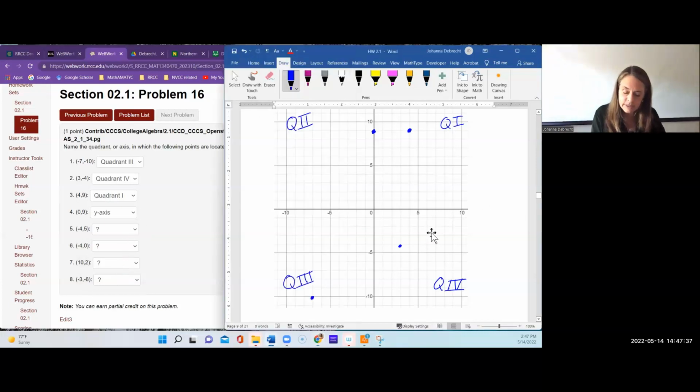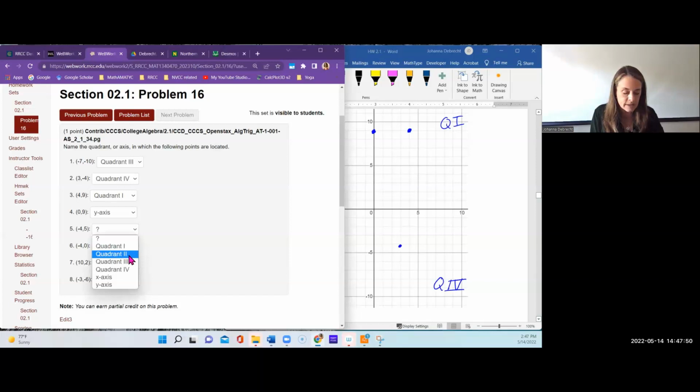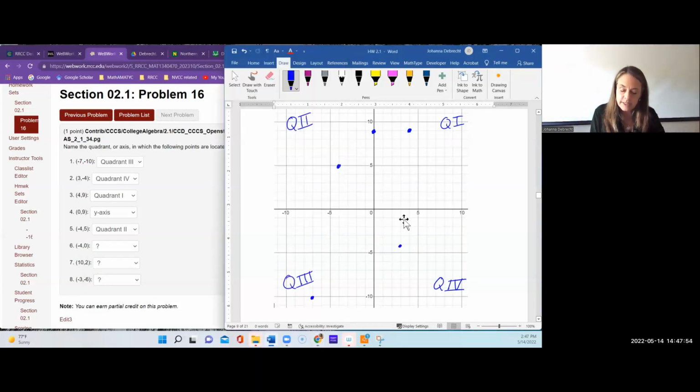-4, 5. Left 4, up 5. Hope I'm doing all these correctly. And that would put us squarely in quadrant 2, which goes to the left and up. -4, 0. This tells me to go left 4, but not to go up or down.